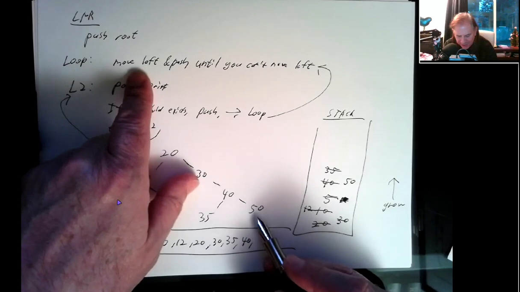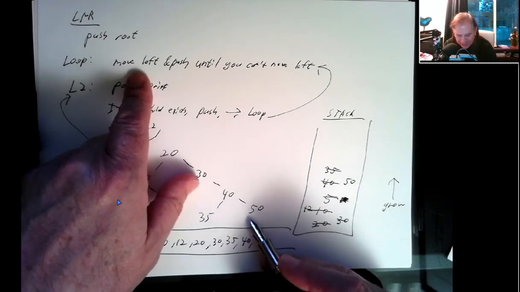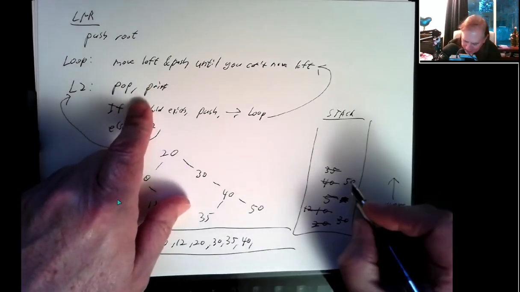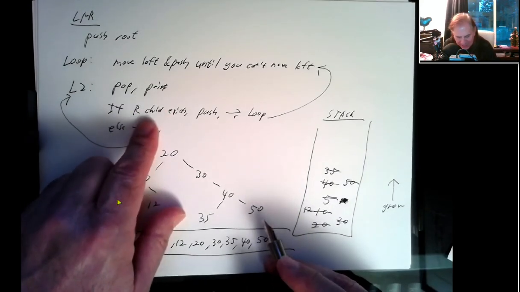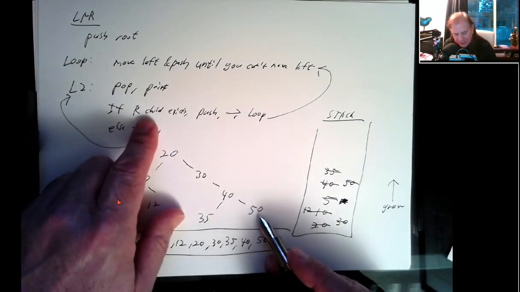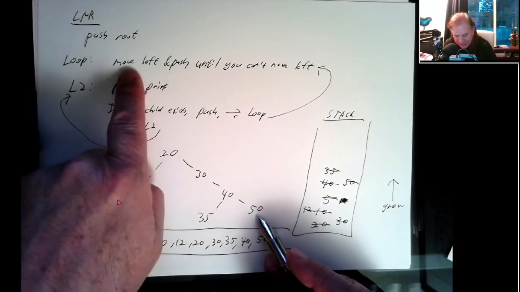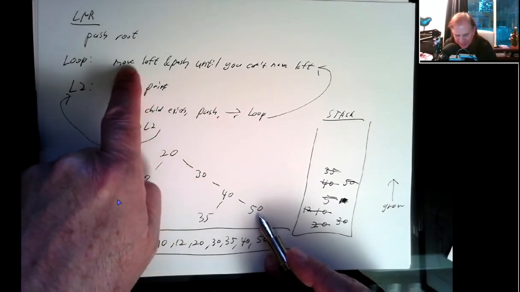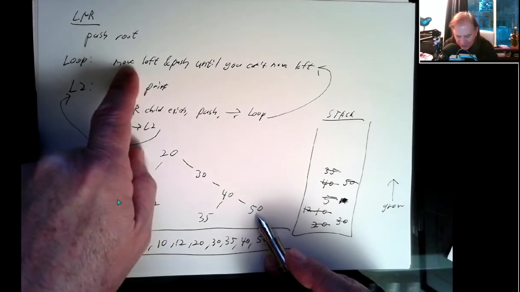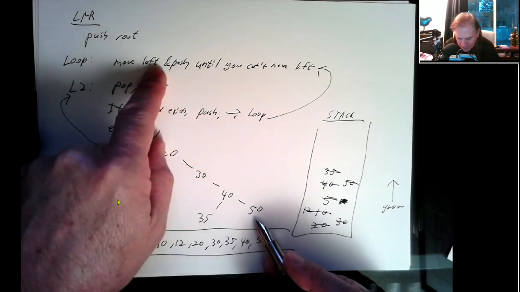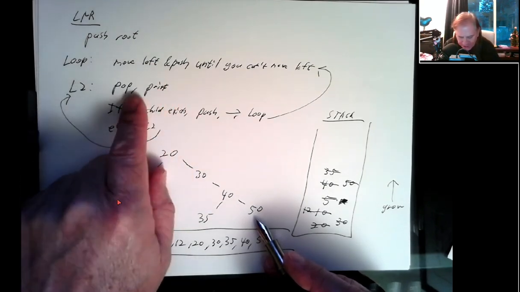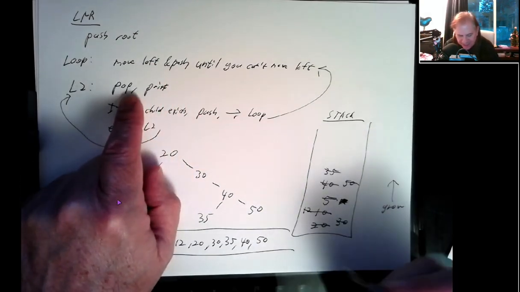Loop says move to the left. There's nothing to the left, so we can't do that. So we pop the top of the stack. That's a 50, and we print it. And if there was a right child, we would push it, but there's not. So we go back to the top of the loop, which says move left as far as you can. Well, there's nothing to the left to move to, so this says pop the top of the stack, and the stack is empty.